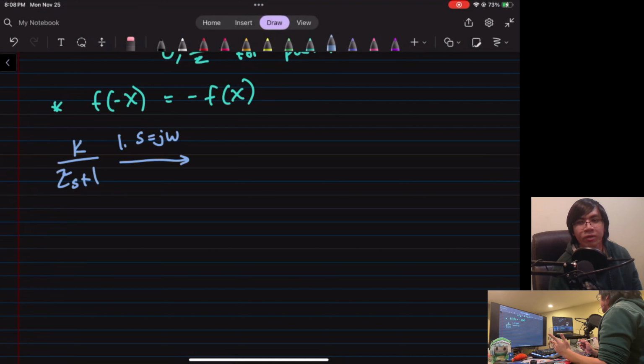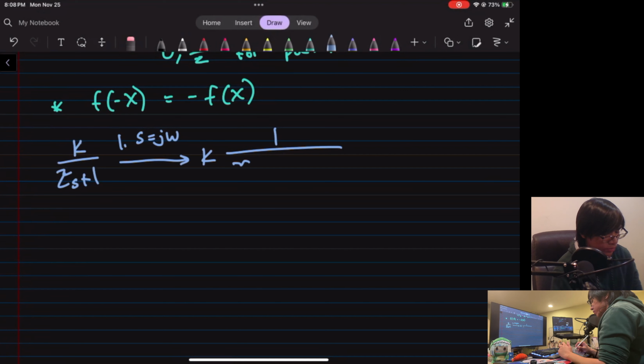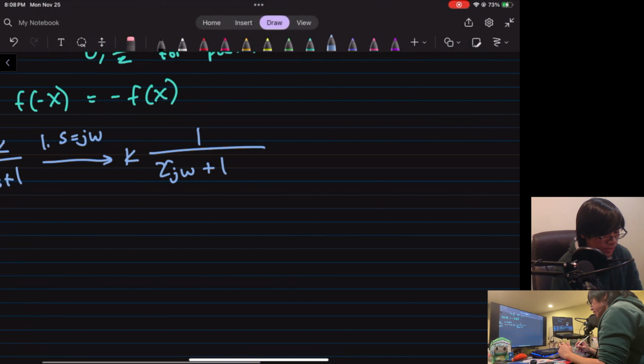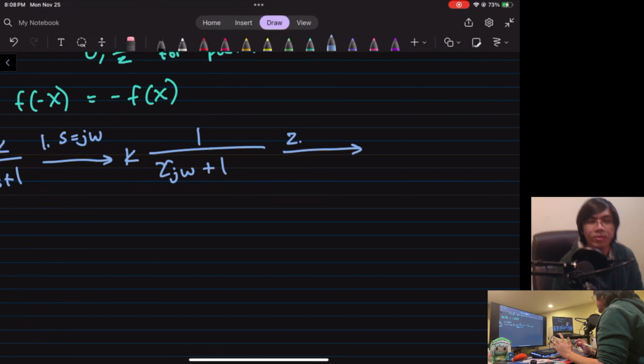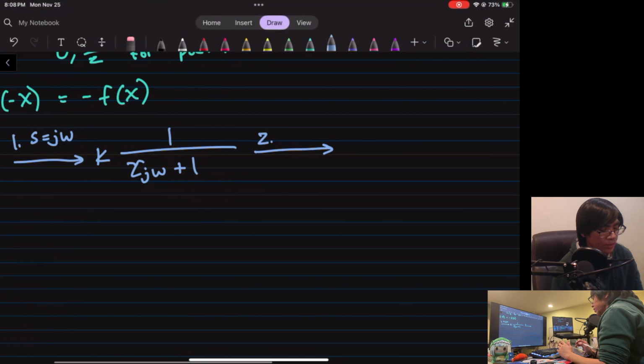And it's exactly what we did in the previous video for, I believe, the last set of problems for process controls. So if we put the k out, we have 1 over tau j omega plus 1. Now the next step here is kind of unorthodox, but we usually use it when the complex number is in the denominator. So this is algebra.